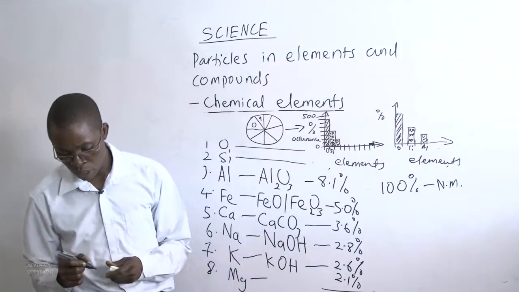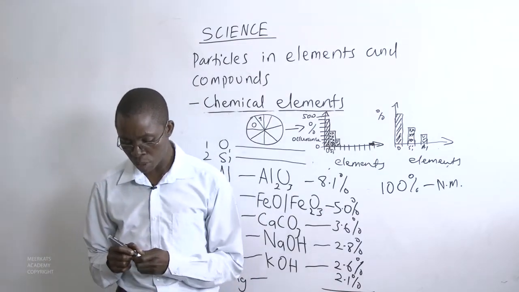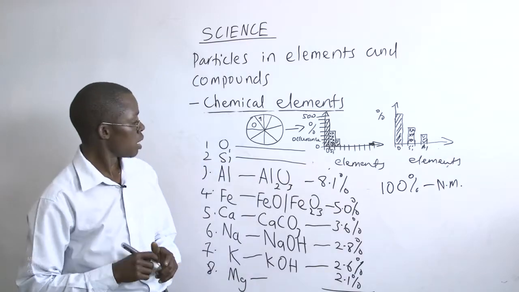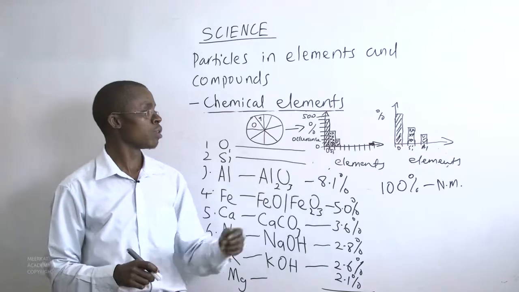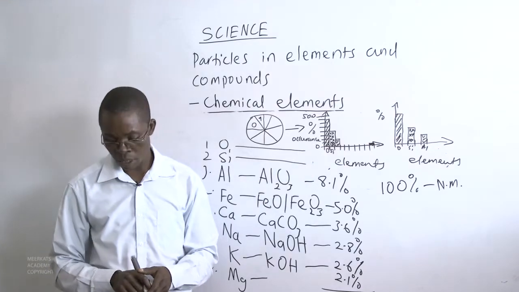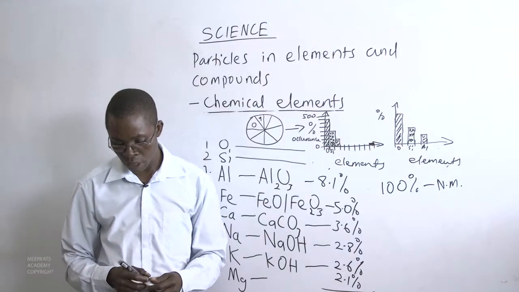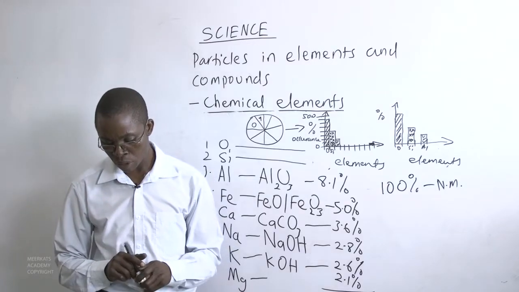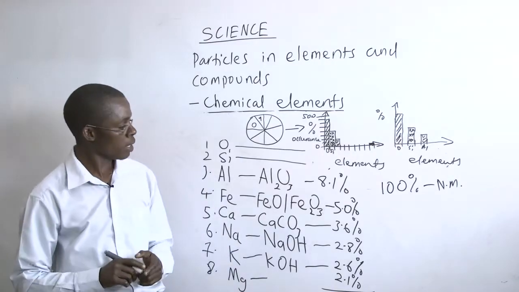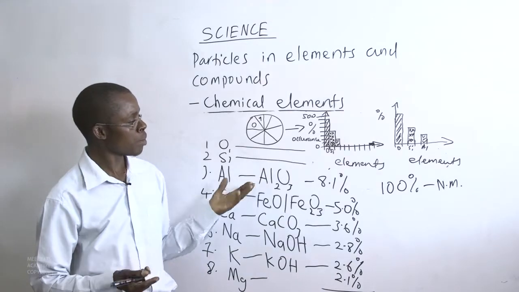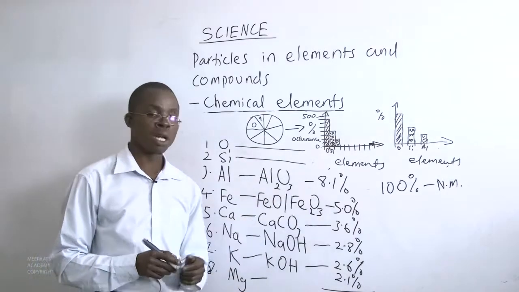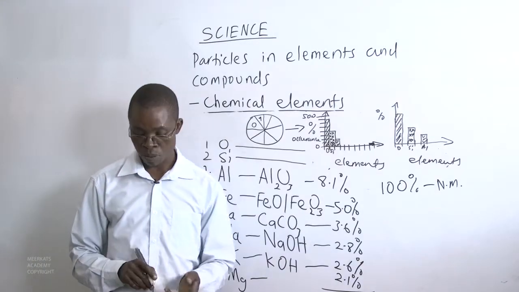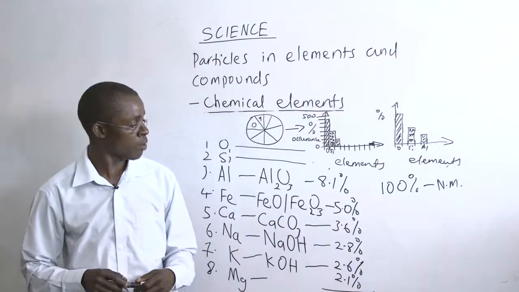The other question is, what is the most abundant element in the Earth's crust? And it speaks by itself. From our graphs here, you can see oxygen is the most abundant. And the other question is, what is the most abundant metal in the Earth's crust? Again, looking at the bar graphs, pie chart, or the table as it is, aluminium takes the mantle because it is at 8.1.